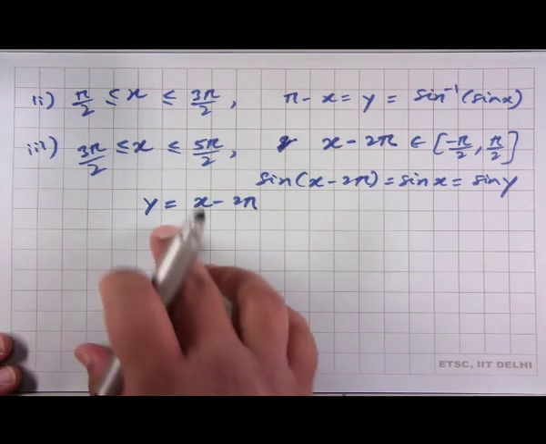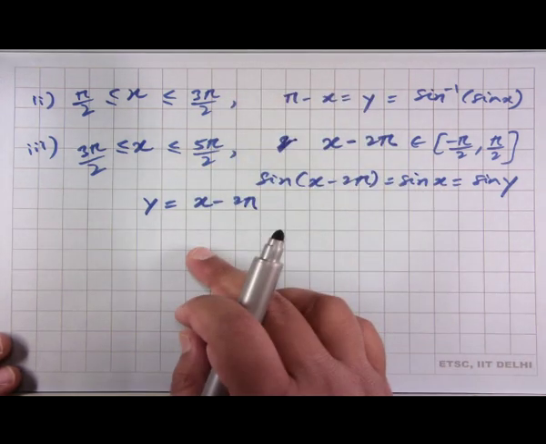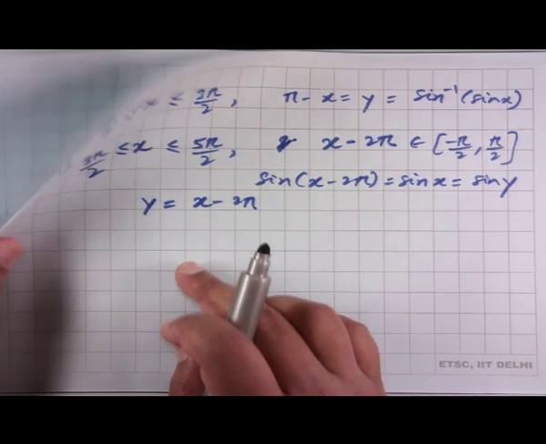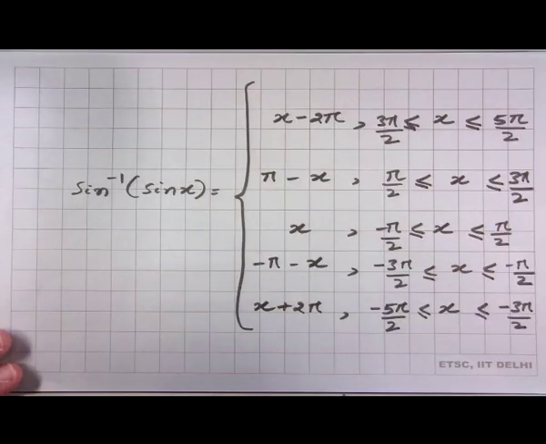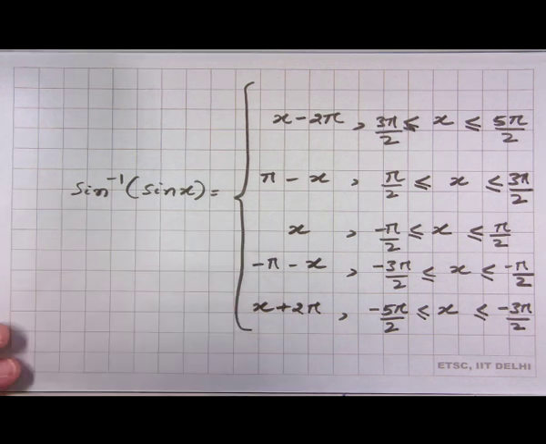And a similar kind of argument can be done for the negative x, and after all this effort, what we are going to get is that, for x between minus 5 pi by 2 and plus 5 pi by 2, this is how sine inverse of sine x is going to look.